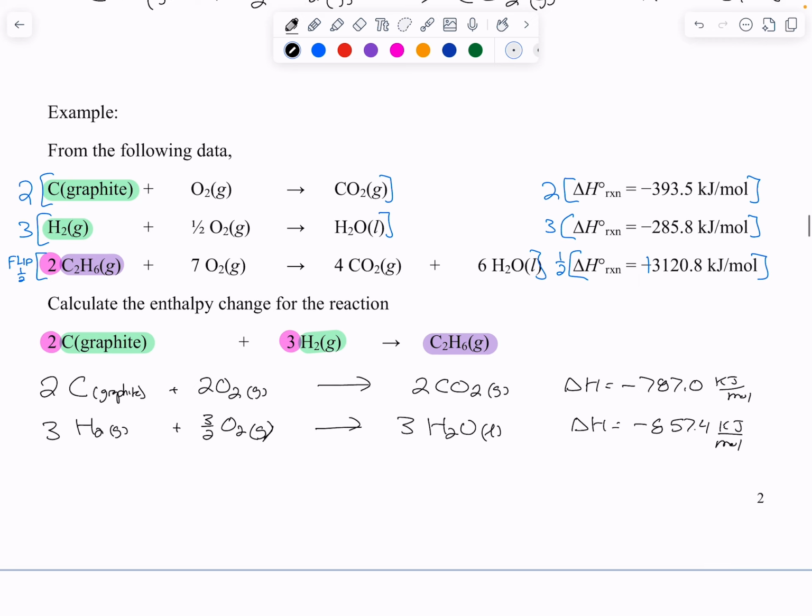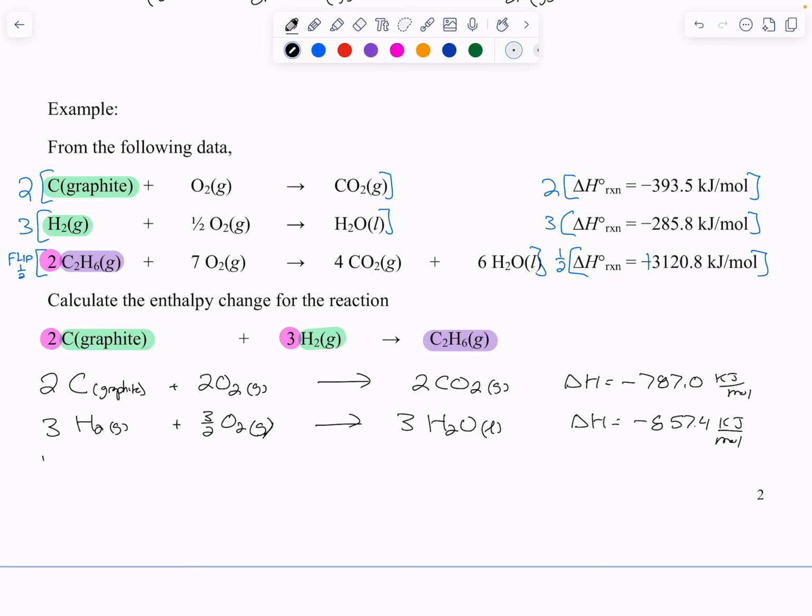And then we would have 2 CO2, because I'm flipping, plus 3 H2O going to C2H6 gas plus 7/2 O2 gas.